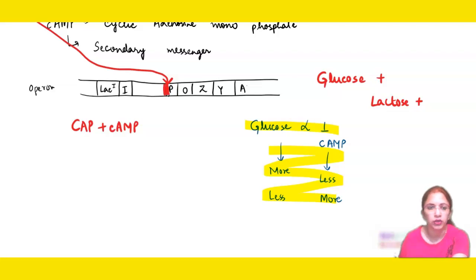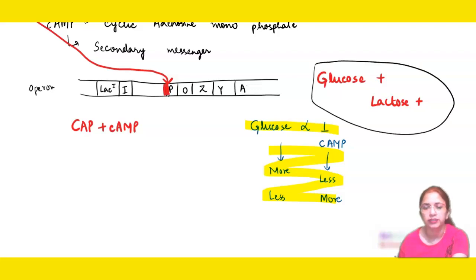So in this example, I have taken glucose as present. In case glucose is present, the level of cyclic AMP will be very, very low. But catabolite activator protein will be there. When the cyclic AMP concentration is very low or negligible, it will not bind to CAP, and ultimately the complex formation will not happen.